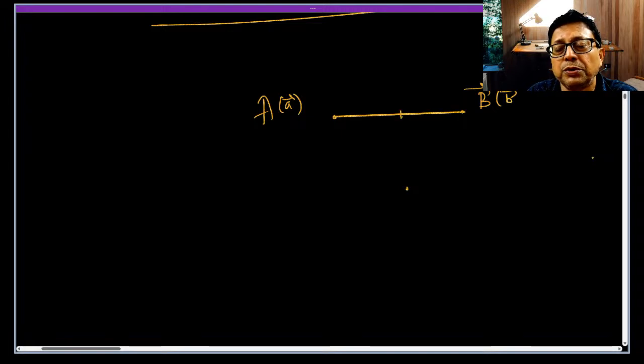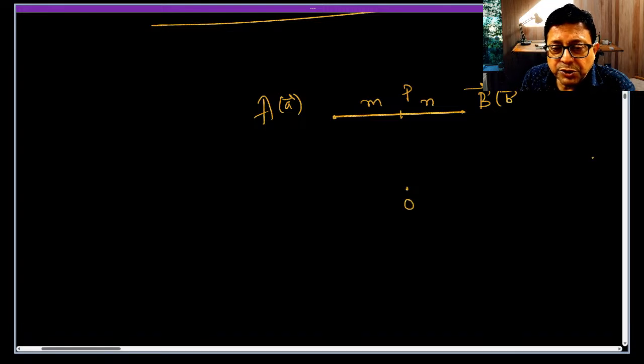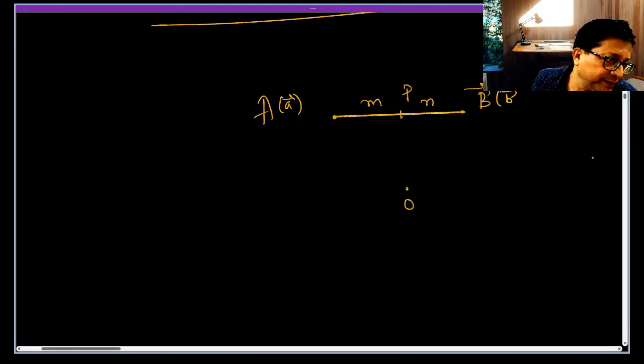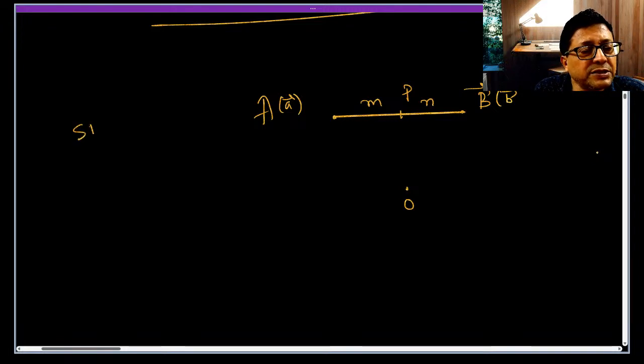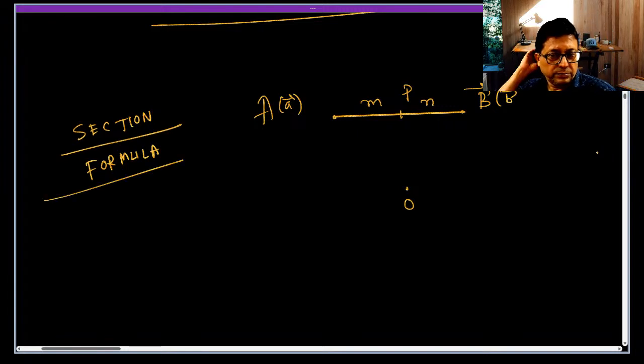Join these two. You want to find the position vector of the point P which divides AB in the ratio m is to n. We are going to discuss the section formula. Join this.